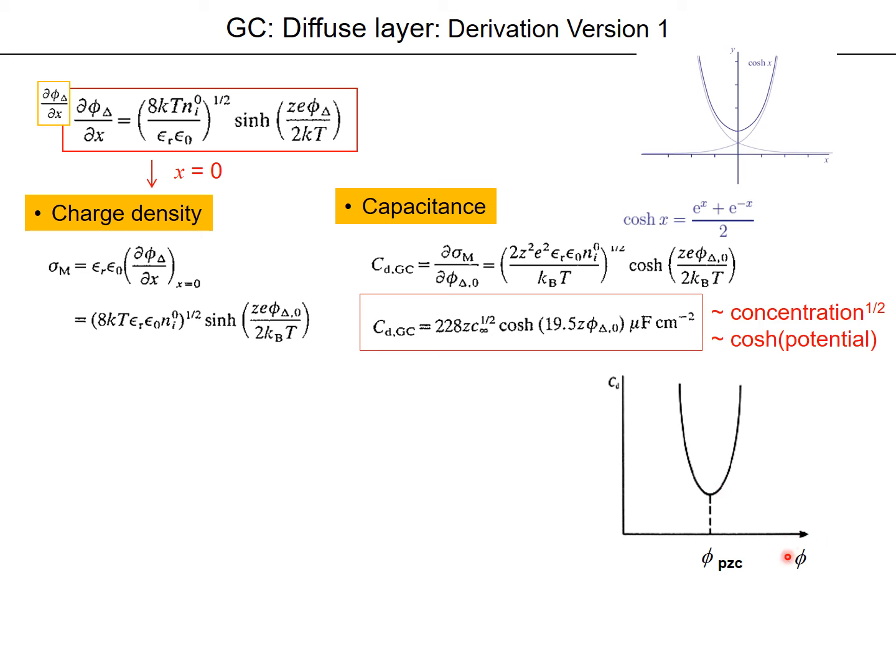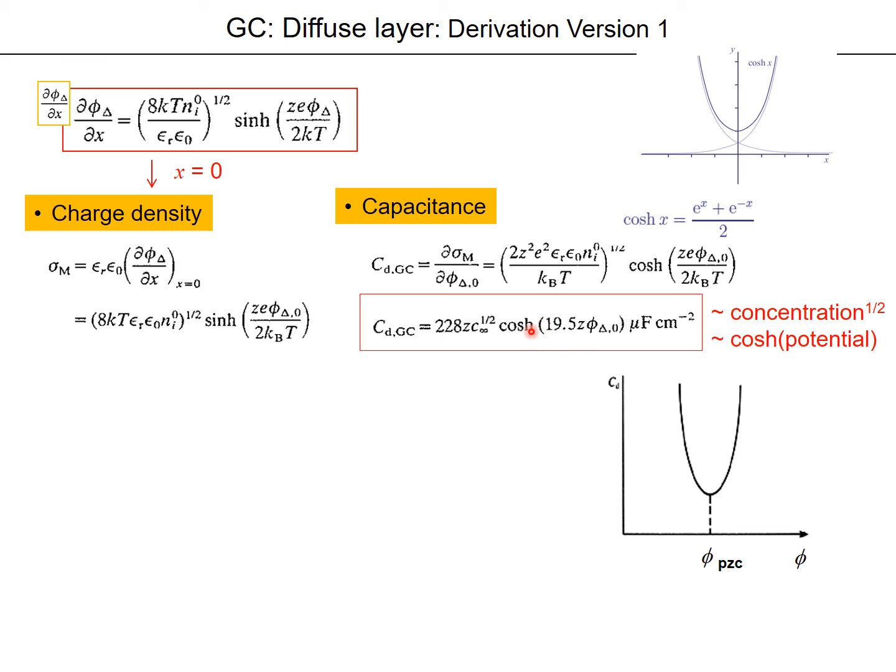At the point of zero charge, you would have a minimized value. However, far from the point of zero charge, the capacitance value would increase like that. So this is the Gouy-Chapman model equation. Let me check again: the capacitance of the diffuse layer by Gouy-Chapman is equal to some value with the square root of concentration and the hyperbolic cosine of potential.